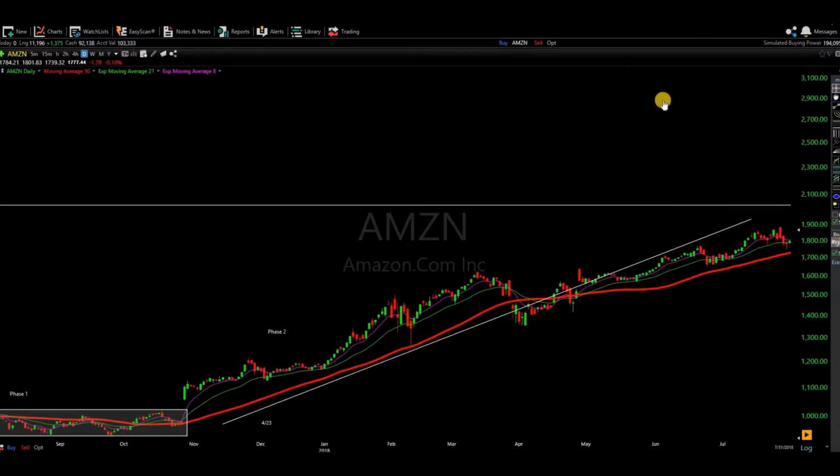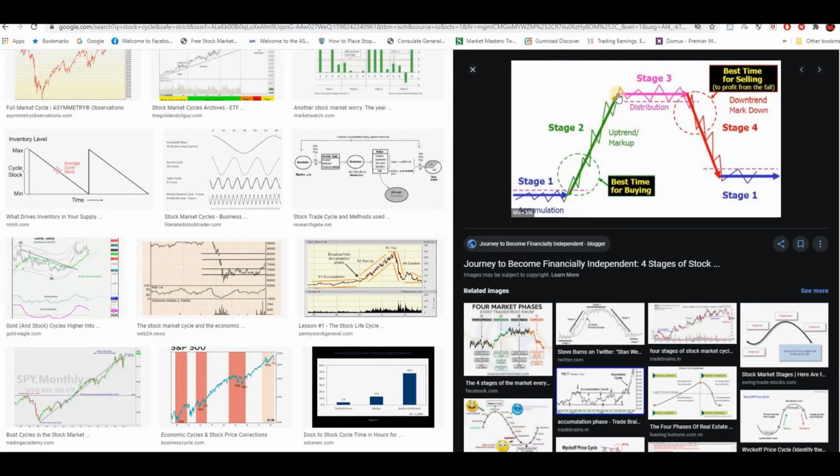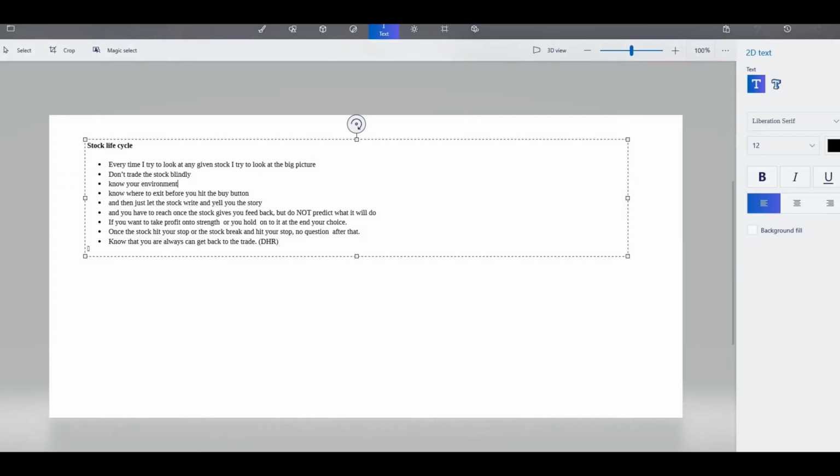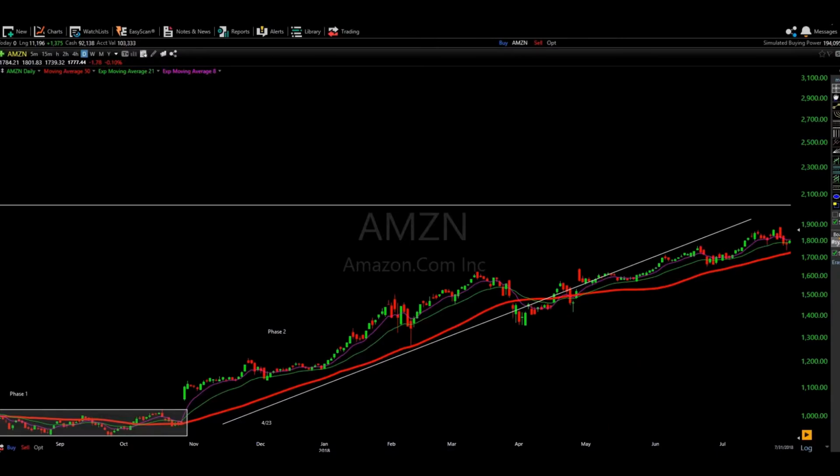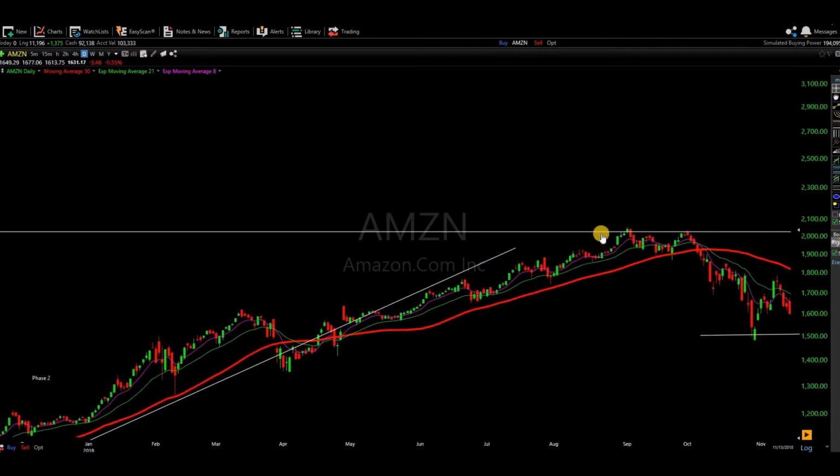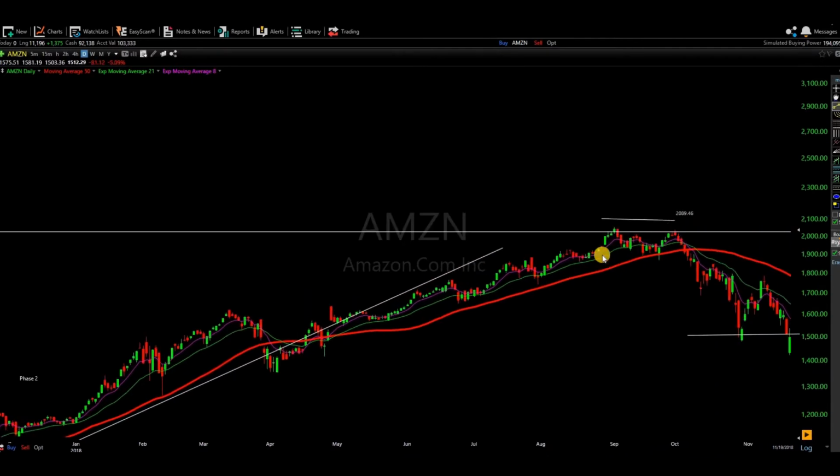I keep going right in here, and then after that, once the stock moves a certain percentage, it will eventually stall. And Amazon, in this case, did stall right in here. How are you going to know that? Is there a way to find out the stock is going to stall?